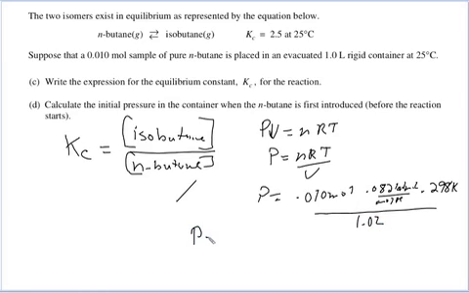The pressure we start with is 0.24 atmospheres, before it reaches equilibrium.